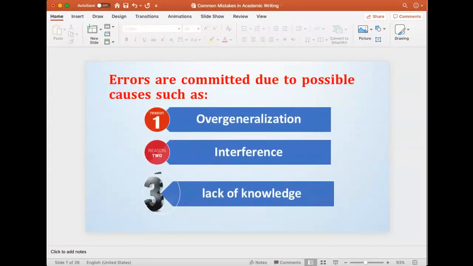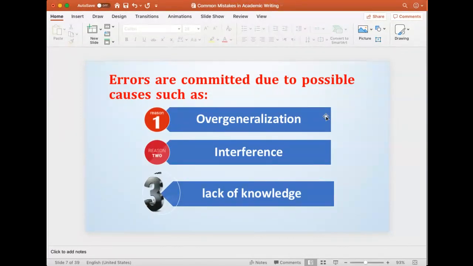All right, so here, these are some errors, causes or factors. Why do people or students commit errors? There are some theories behind these errors or mistakes, and one of these causes is overgeneralization.